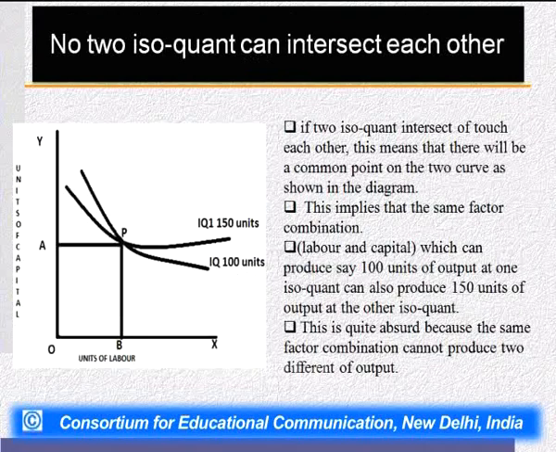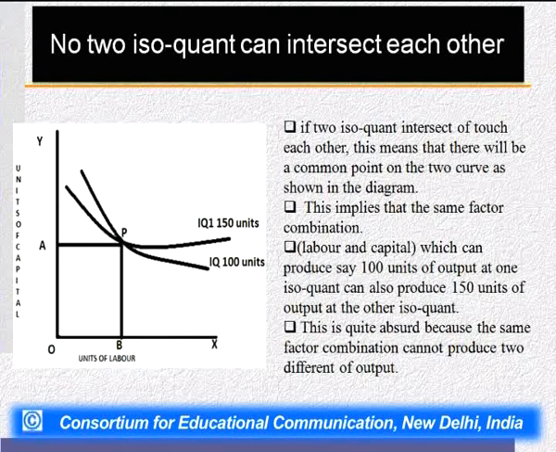Now, two isoquants cannot intersect each other. If you look at the figure, the isoquant curves intersect at point P. So the point P is on IQ1 as well as on IQ2. If two isoquants intersect or touch each other, this means there will be a common point on the two curves, as shown in the diagram.